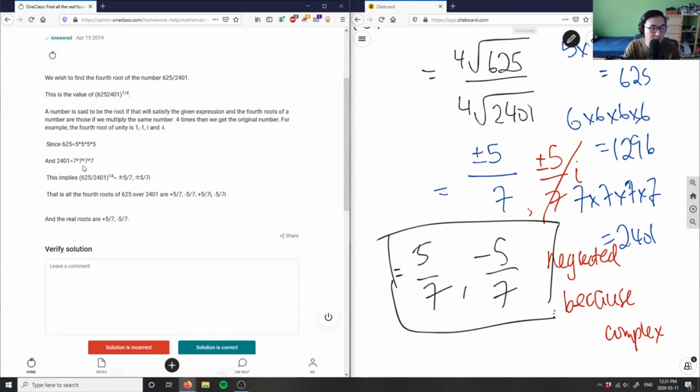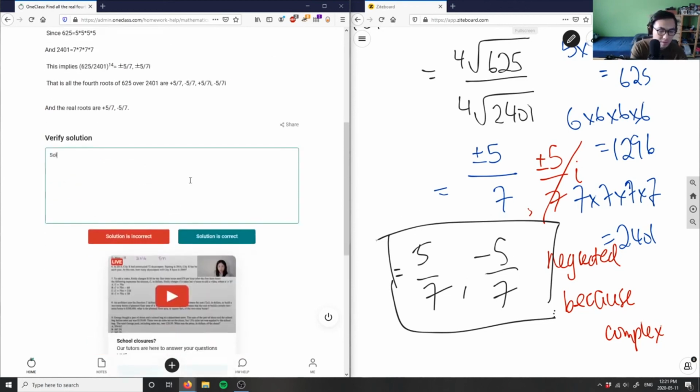They basically did the same thing I did with trial and error, because we don't really memorize fourth roots as a mathematician or as any human being, to be honest. So 625 over 2401 to the 1/4 is going to equal plus or minus 5 over 7. This here is correct. I like how they negated the complex root as well. The solution is correct. Good analysis.